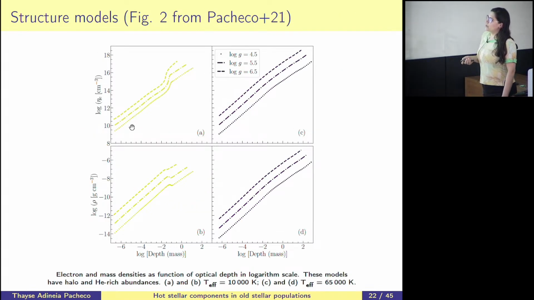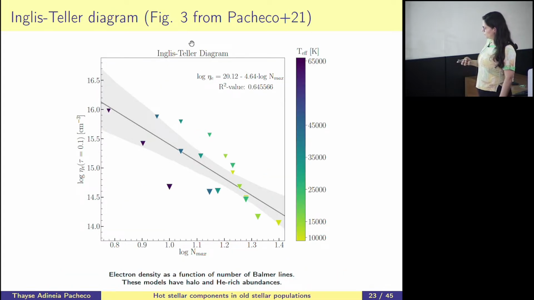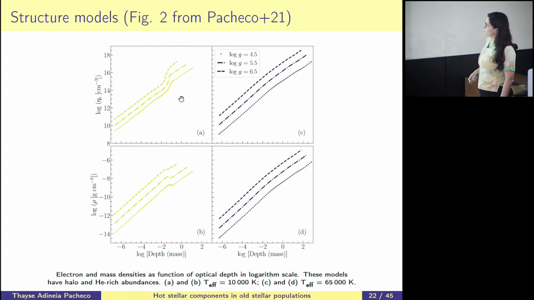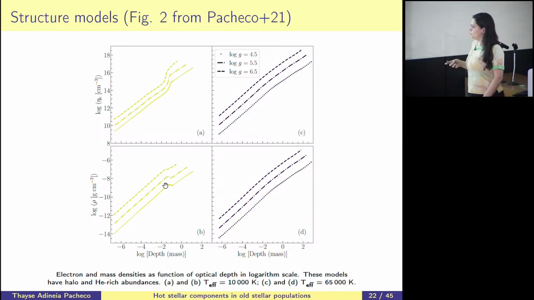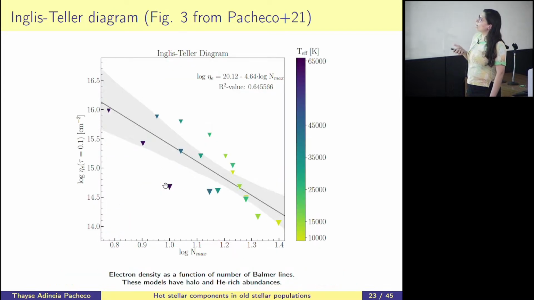Here are some structure models, electron density up and mass density down. We can see for these coolest models this little inversion here, which is the convective zone we're used to in 10,000 Kelvin models.